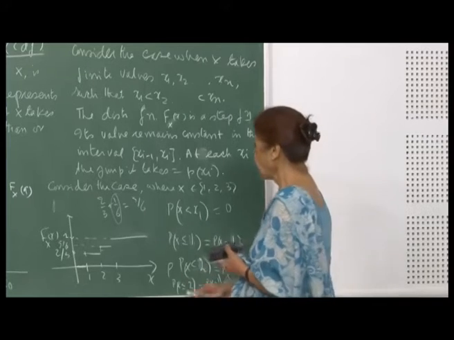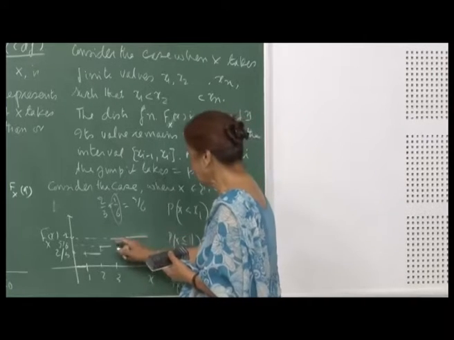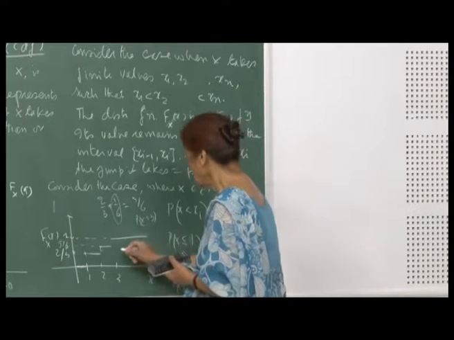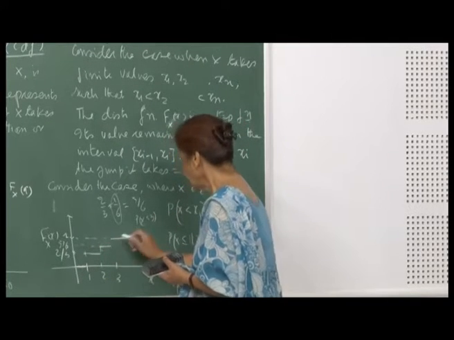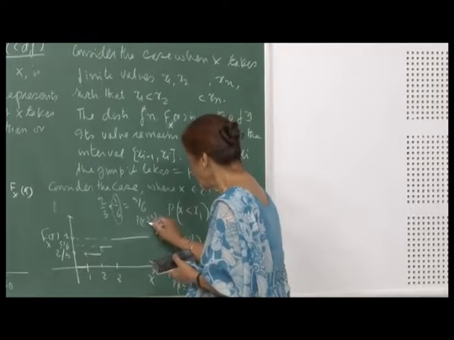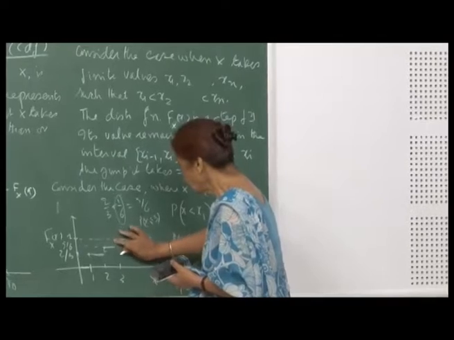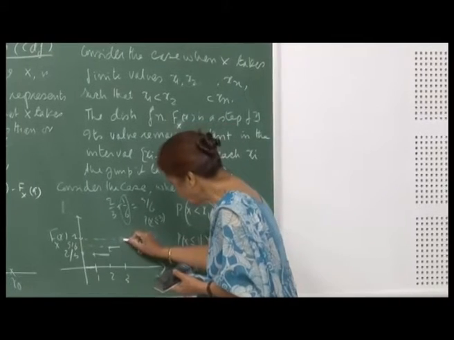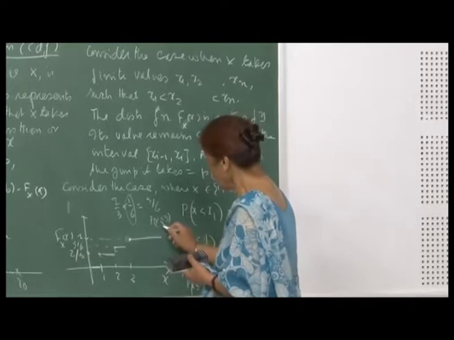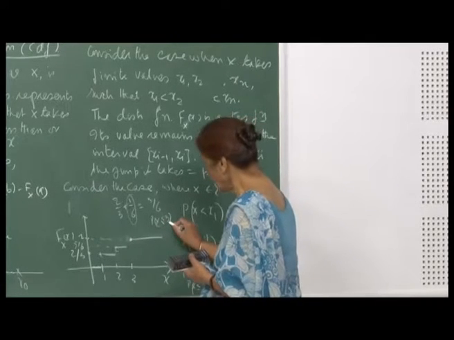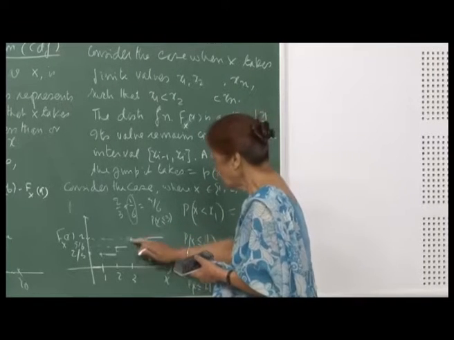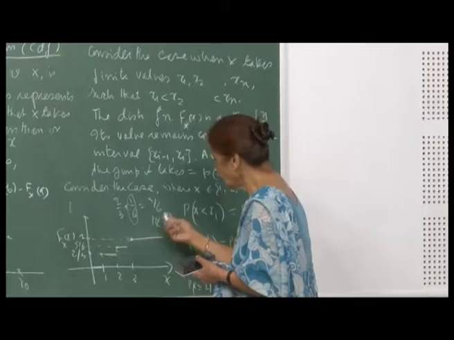And finally, when you talk about probability x less than 3, again it will continue to be this, because there will be no other value of x here, and then the moment you make it less than or equal to, it will take a jump. The figure is not very accurate, it will be this, right. And so, here again the moment I say less than or equal to, the probability of x equal to 3 will get added to it, and so again the jump will be by the probability.